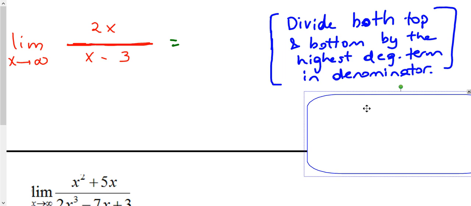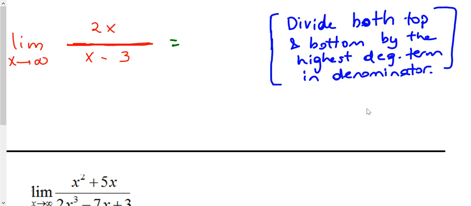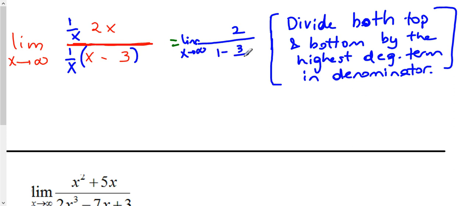So we're going to divide the top and the bottom, in this case, by x. That's the same thing as multiplying by 1 over x, right? So I'm going to multiply this side by 1 over x, and this side by 1 over x. And if you simplify, the top will just be 2. And the bottom, distribute the 1 over x. You have 1 minus 3 over x. And now take the limit as x goes to infinity.